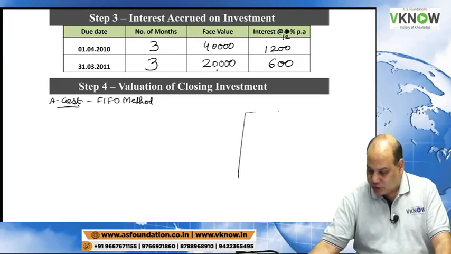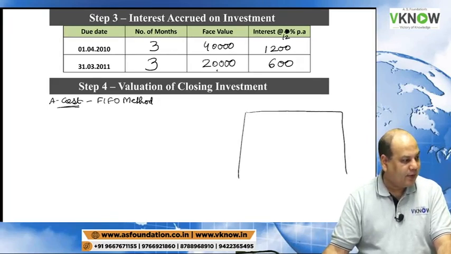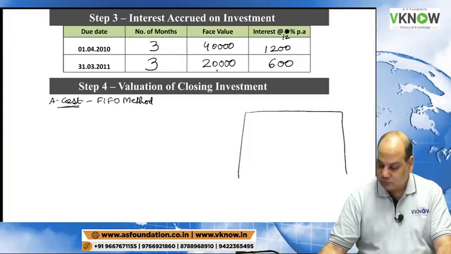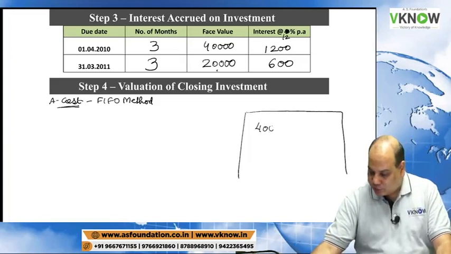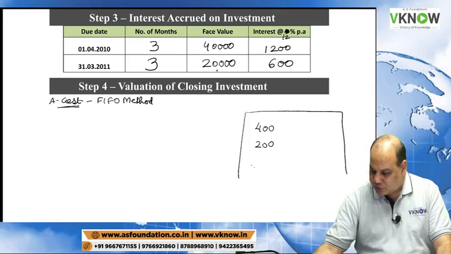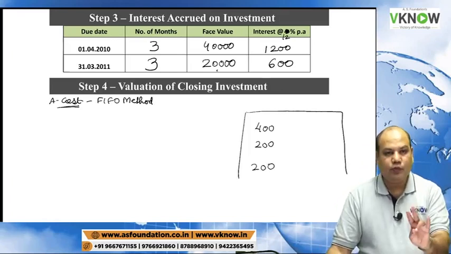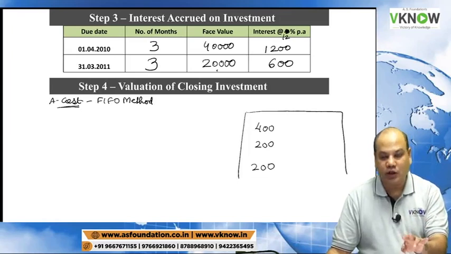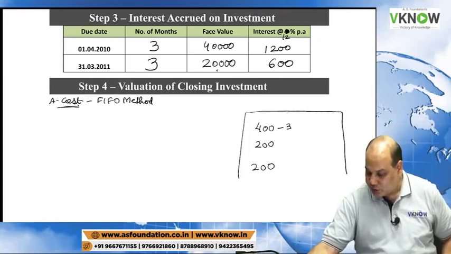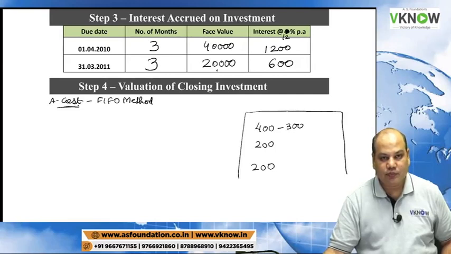Once again understand, we have opening balance 400, purchase 200, purchase 200, and we have 2 sale transactions of 300 each. So first it will go out of this lot.